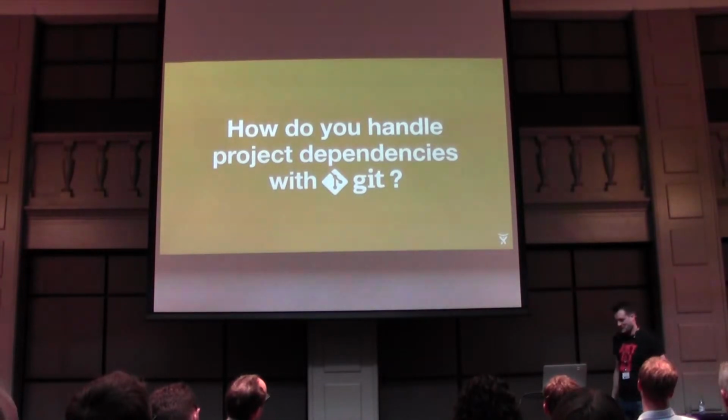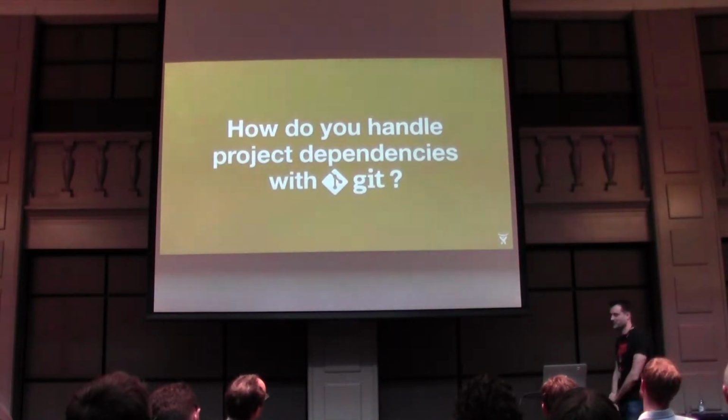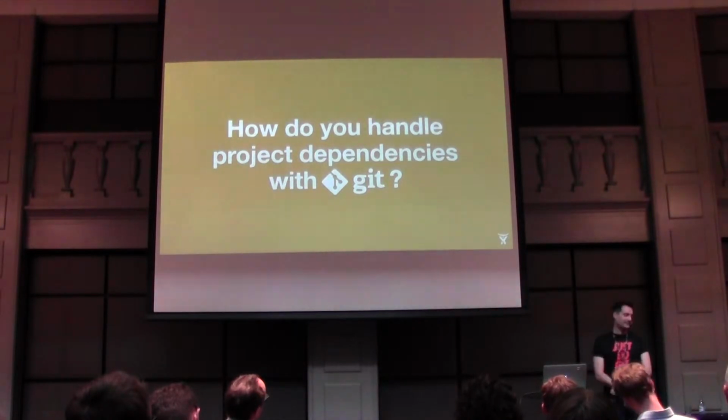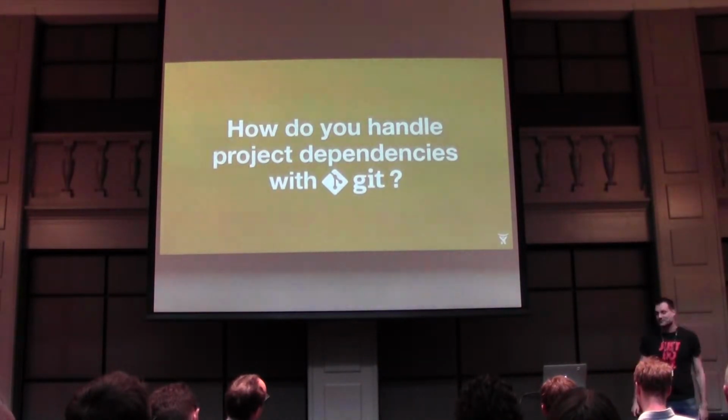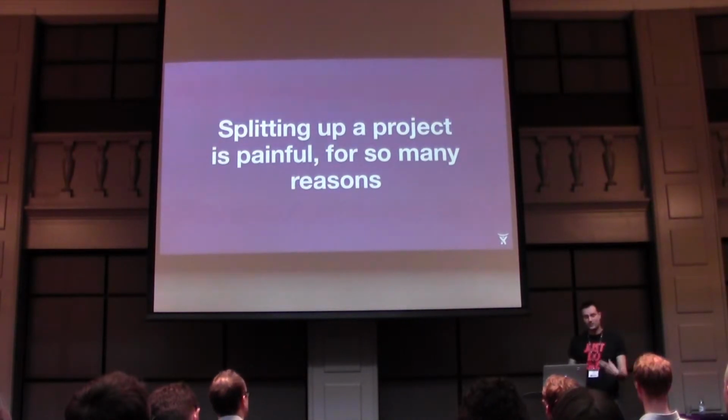And it has some advantages, right? There are advantages to keeping all your dependencies and all pieces of your infrastructure in a single repository. And I think it comes with a cost. But also splitting up a repository comes with a cost.